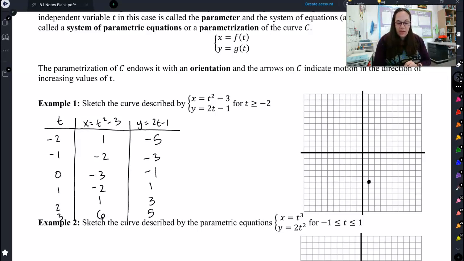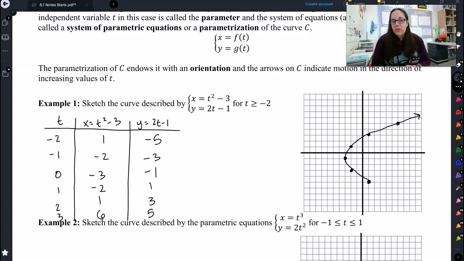Then I'm going to have -2 comma -3, -3 comma -1, -2 comma 1, 1 comma 3, and 6 comma 5. And I'm going to start at my starting t point and keep going.